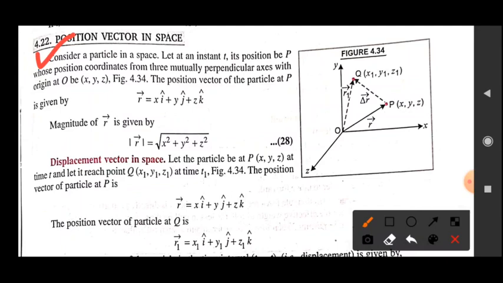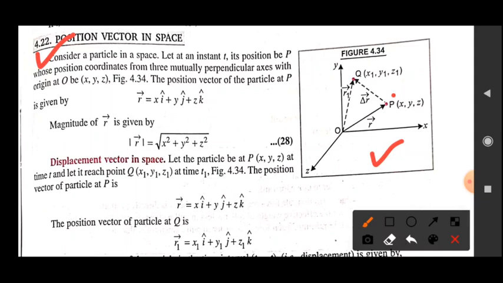Consider a particle in space, and let its position at any instant t be P. In this figure you can see the position P, whose coordinates are measured from three mutually perpendicular axes X, Y, Z with origin at O. With respect to this origin, we have drawn a three-dimensional coordinate system. The location of point P can be written as x, y, z.